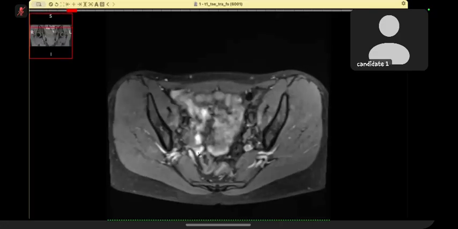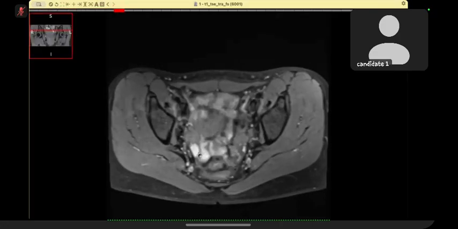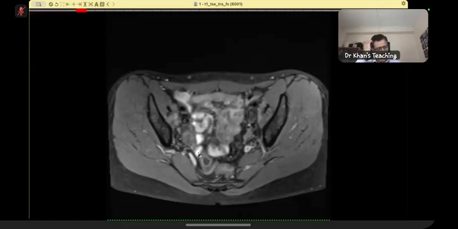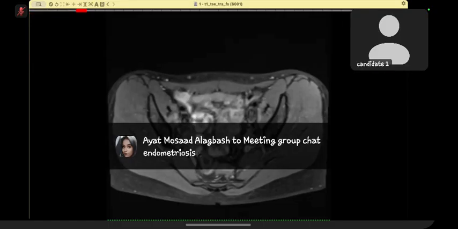A patient having hematosalpinx will have infertility because it is a cause of infertility. How can you confirm this? We can confirm this on a hysterosalpingography.